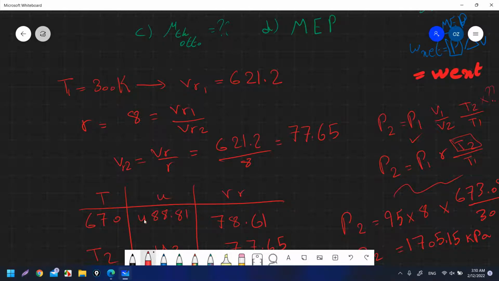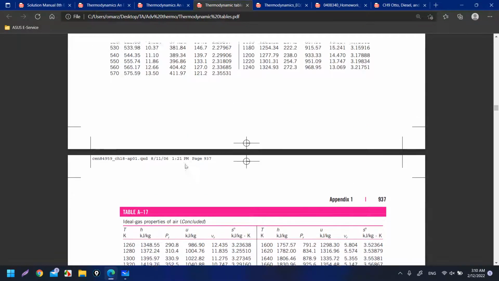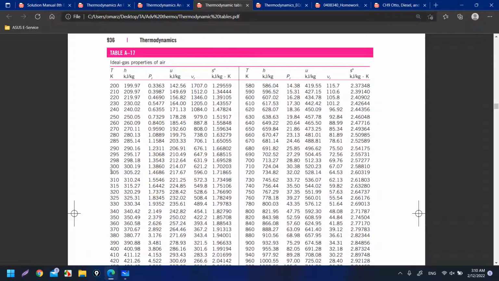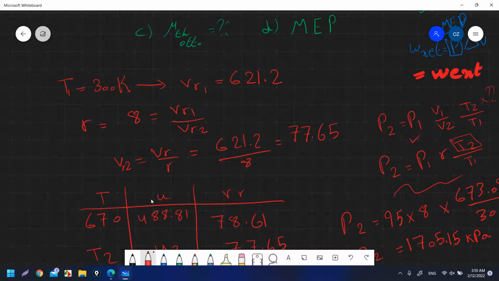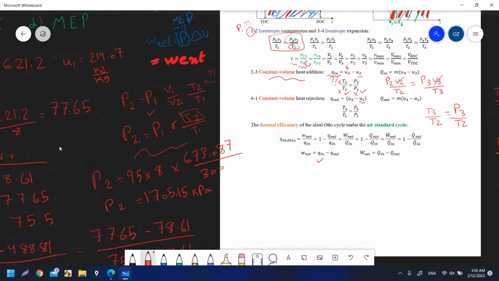So let's go to 300 Kelvin and find U1, which is 214.07. So at T1, U1 is equal to 214.07 kilojoule per kilogram. Okay, so what about U4?